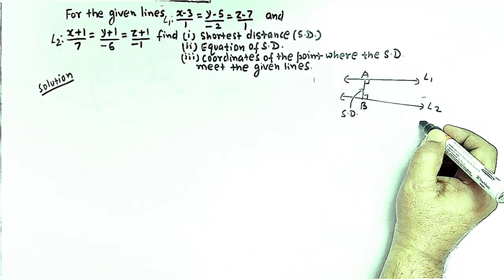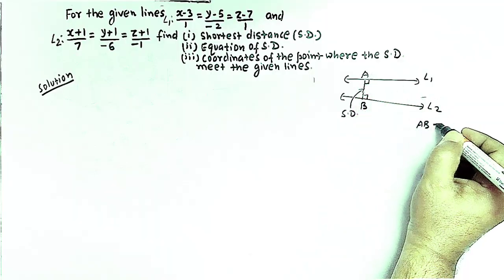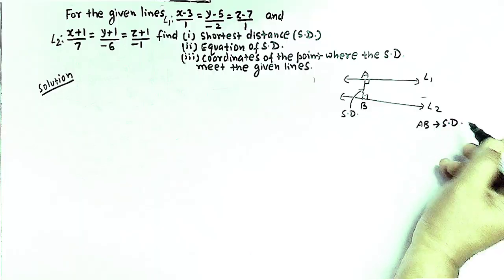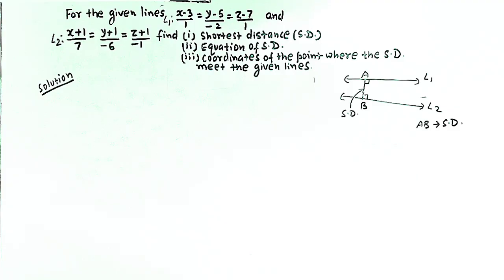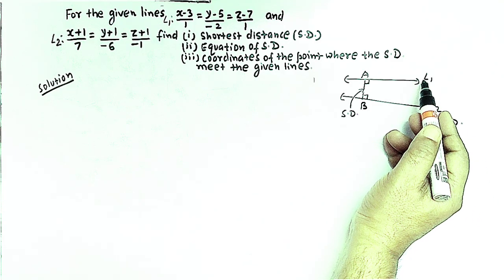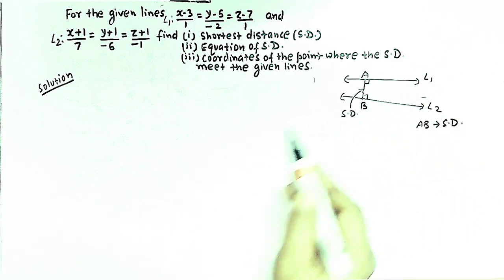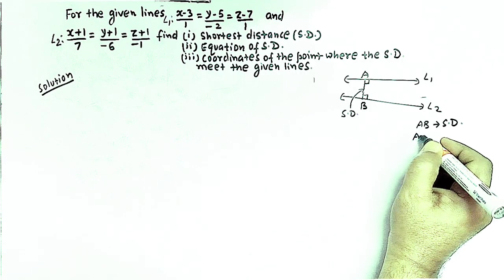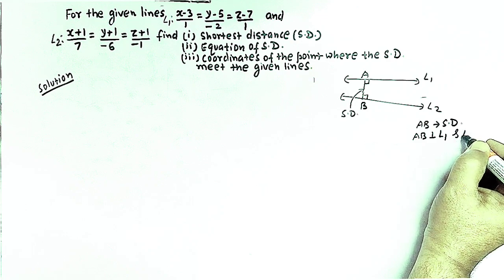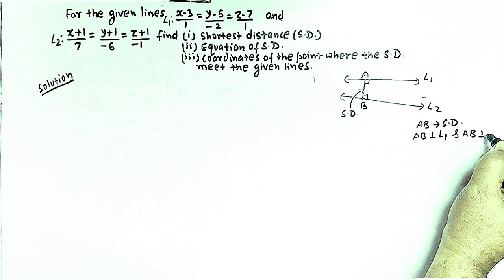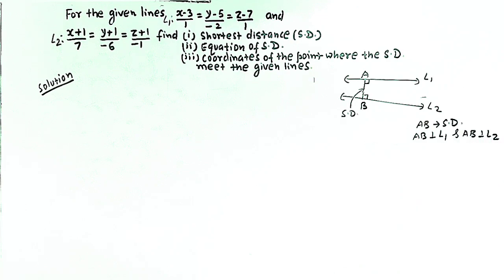So here AB is our line of shortest distance, and A and B are the points of intersection of the lines L1 and L2 with the line of shortest distance, and AB is perpendicular to L1, and AB is also perpendicular to L2.